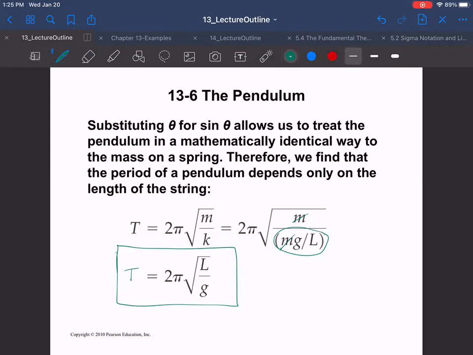So if you design a grandfather clock, just based on this, and it works good enough, I shouldn't say perfectly, but really well here, it takes a long time, a year, before it gets to be off by any appreciable amount of time. If you took it to the moon, what would happen to that grandfather clock?